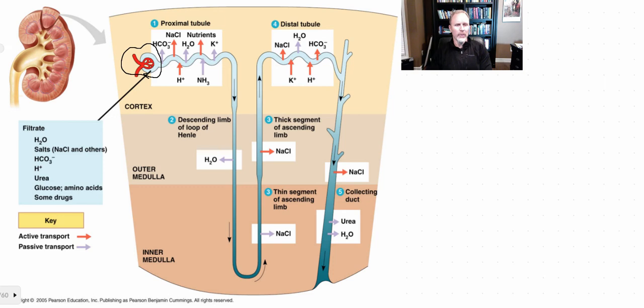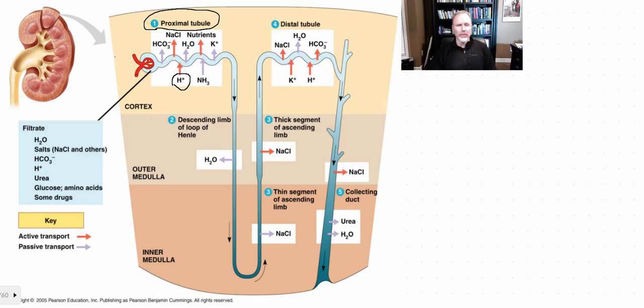And then what happens is you've got this proximal tubule, the proximal convoluted tubule. This is where, with the red arrows here, you're going to actively reabsorb sodium and some various nutrients. You're going to actively pump in some of the hydrogen ions, so this is one of the ways in which the body's pH can be regulated.